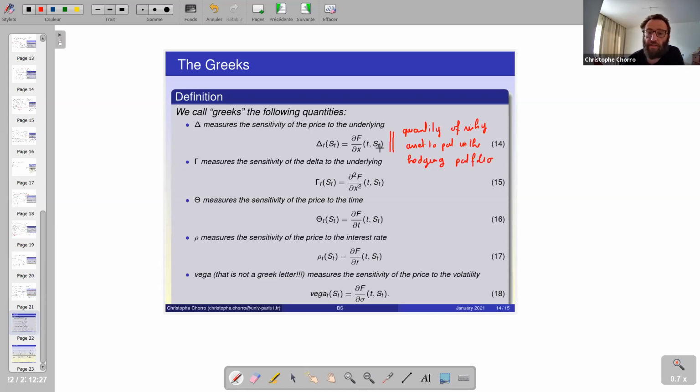This quantity, that is the derivative of the price function with respect to the second variable, we have seen two propositions ago that it was exactly the quantity of risky asset to put in the hedging portfolio. So something that is really important.